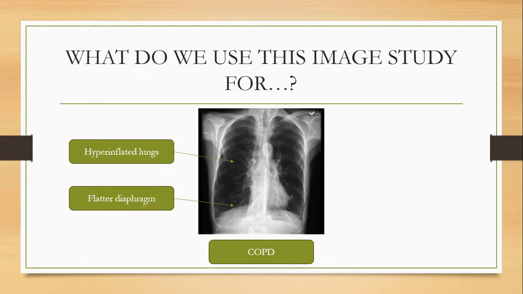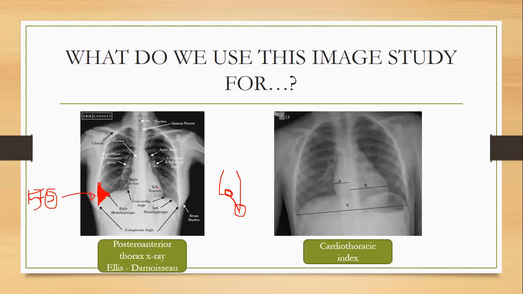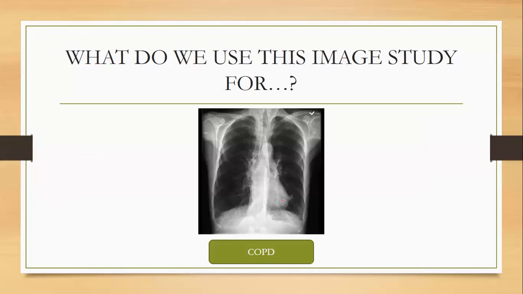Okay. And what about the heart? Compare this heart to this heart. This is a normal heart right here, right? And compare the shapes with this one. This is longer, right? How do you call this shape?